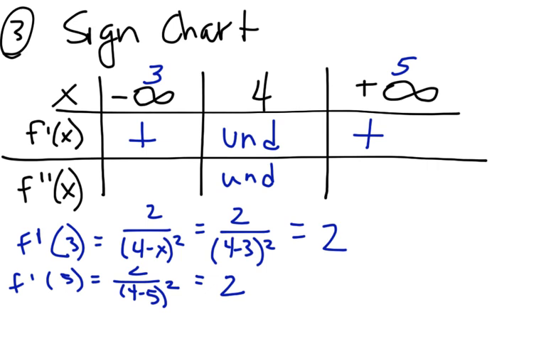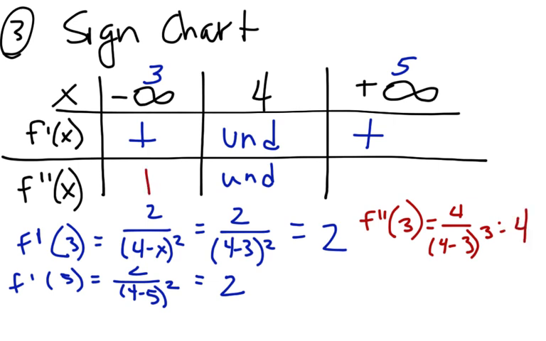Now we're going to do f double prime of 3, and f double prime was 4 over 4 minus x cubed, but I'm plugging in the 3 there. So this is going to be 4 over 1 cubed, which is 4.